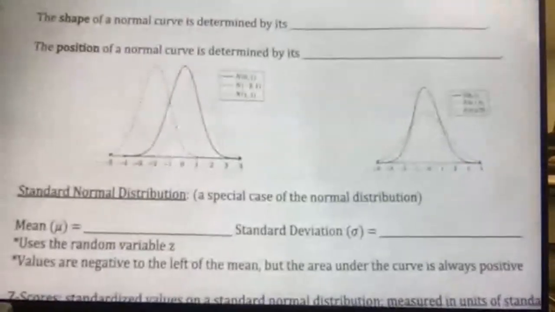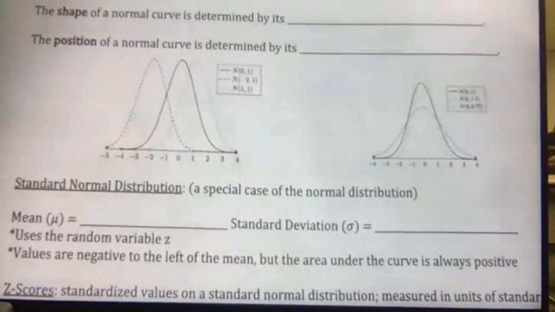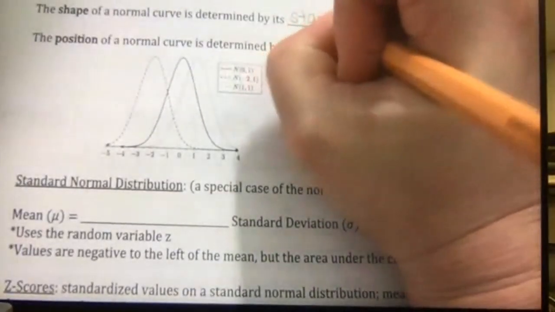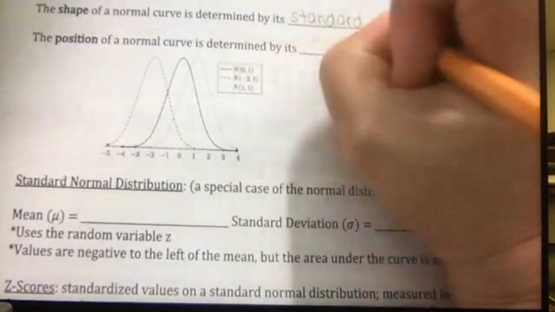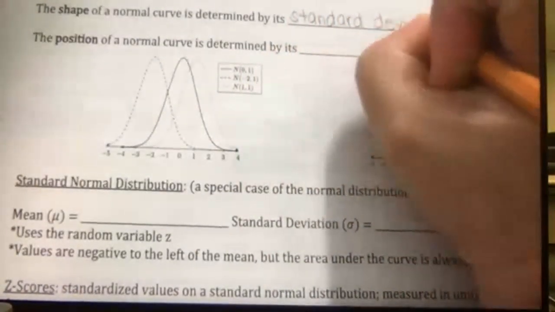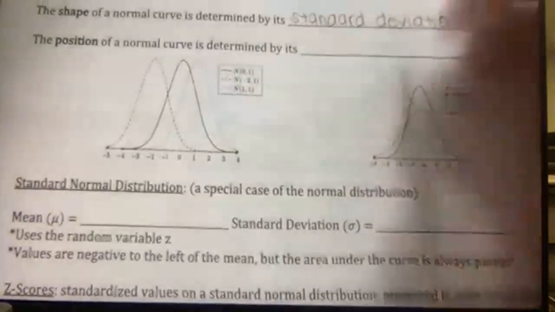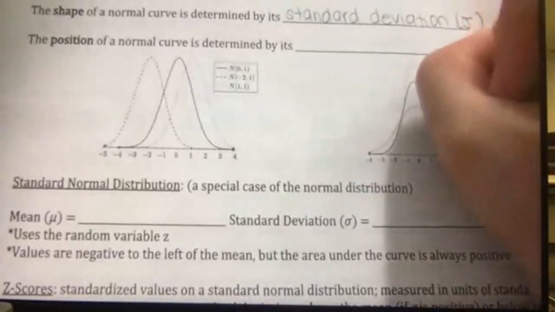All right, page 2. Still talking about our normal distribution, our normal curve. The shape of a normal curve is determined by the standard deviation. Remember, standard deviation is our sigma.